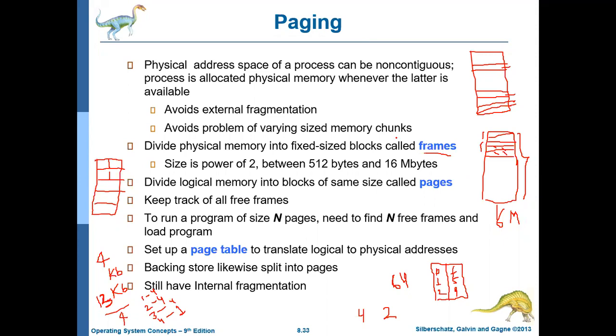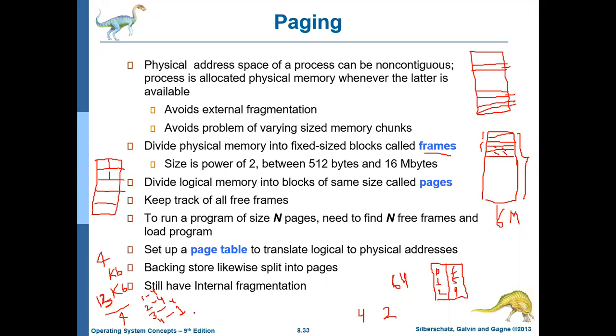So that 3 KB, which is free in the fourth page, will be known as the internal fragmentation. We will have a 3 KB block free in the fourth page that we cannot use for another process.